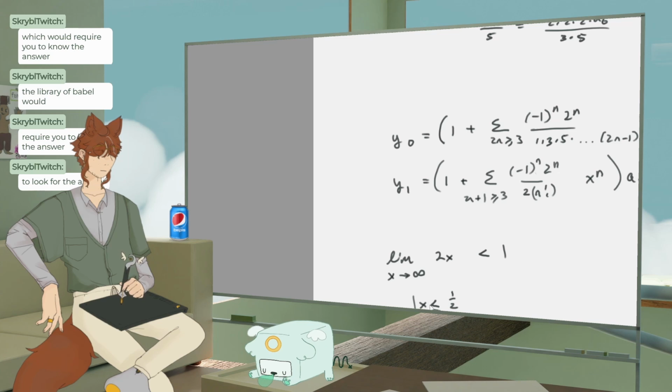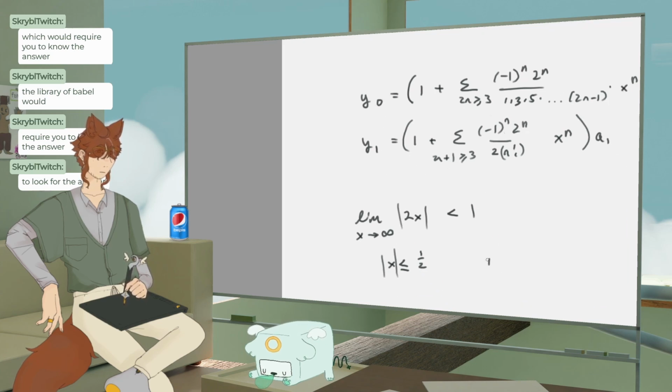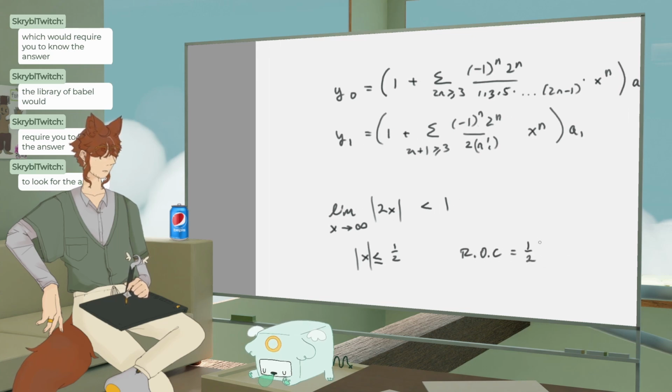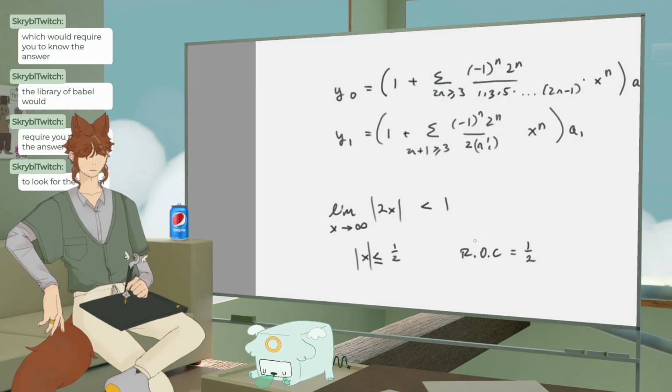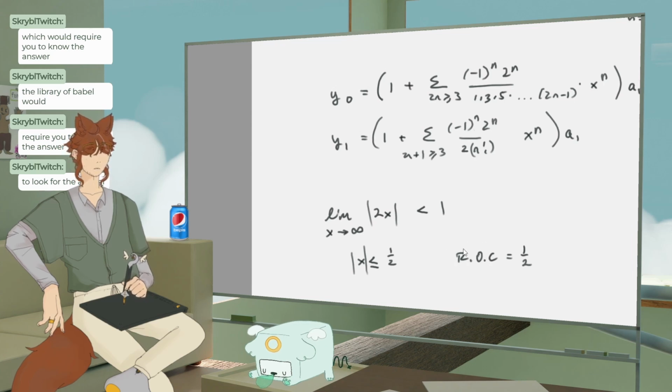So the radius of convergence is 1/2, I think, because if x is bigger than 1/2, then we don't converge.